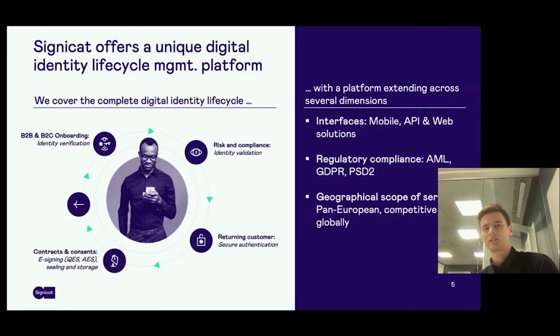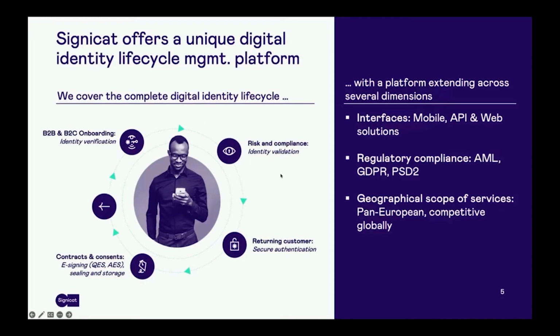I think this slide, in a way, covers the essence of what we do. Both persons and organizations can be onboarded with identity verification and identity validation. And what is meant by onboarding is typically the first time establishment of the customer relationship.